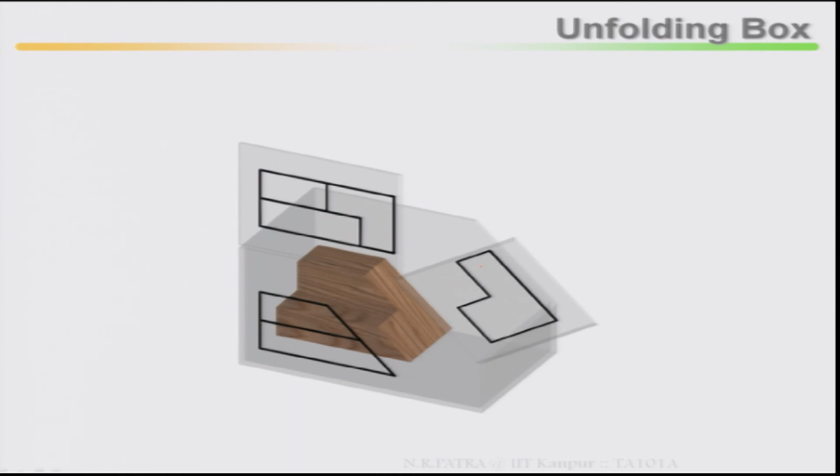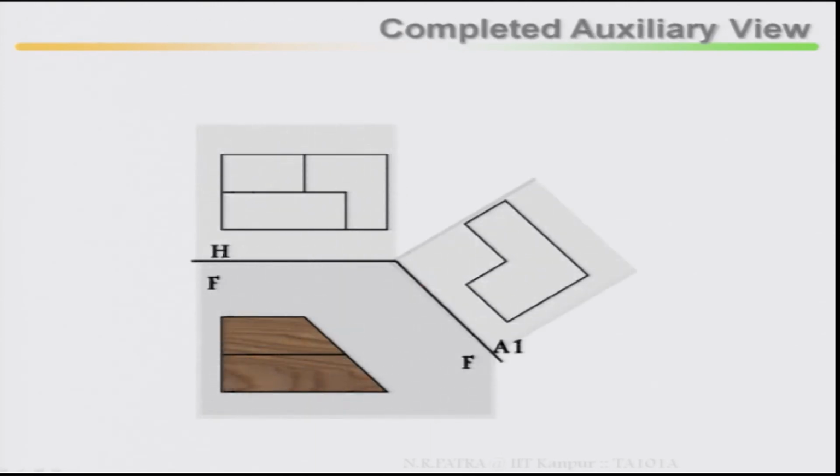If you unfold it, front view, top view and cut it, this is your line of sight where it is perpendicular. So this will be your auxiliary plane or auxiliary view. Look here: front view, top view, cut it, and this is your auxiliary plane or auxiliary view.